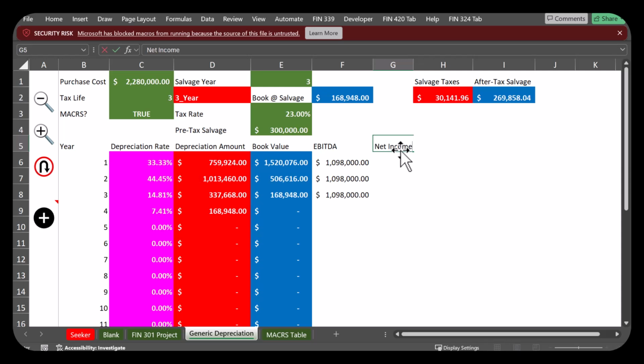Net income is EBITDA minus the depreciation for that year, times 1 minus the tax rate.